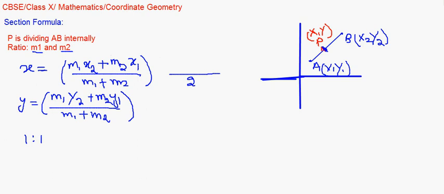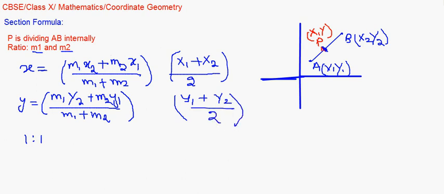So in the numerator, you are left with x1 plus x2, and in the y coordinate, you are left with y1 plus y2, by 2.